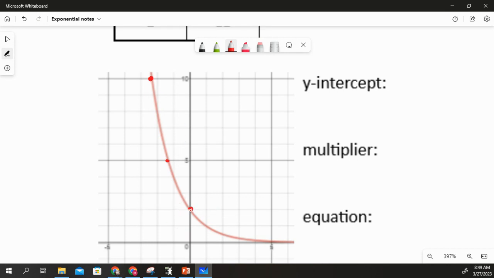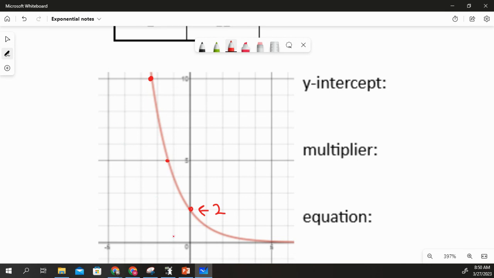Now we're going to go through and do a little bit of guesstimation here, okay? I think that this point here is somewhere between 0 and 5. I'm going to call this here, this is 2. That's what I think, okay? I'm not about to go through and make you feel like there's an exact answer for this. This is just us eyeballing it and figuring out what we might have.